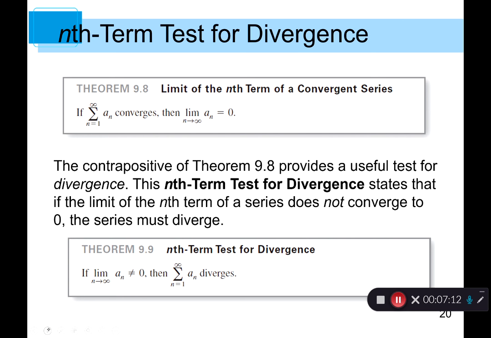All right, so the limit of the nth term of a convergent series says if the series converges, then the limit as n approaches infinity is going to be 0. The contrapositive gives the test for divergence. Basically what it says is that if n approaches infinity and the limit is not 0, then it diverges. And this is the test right here.